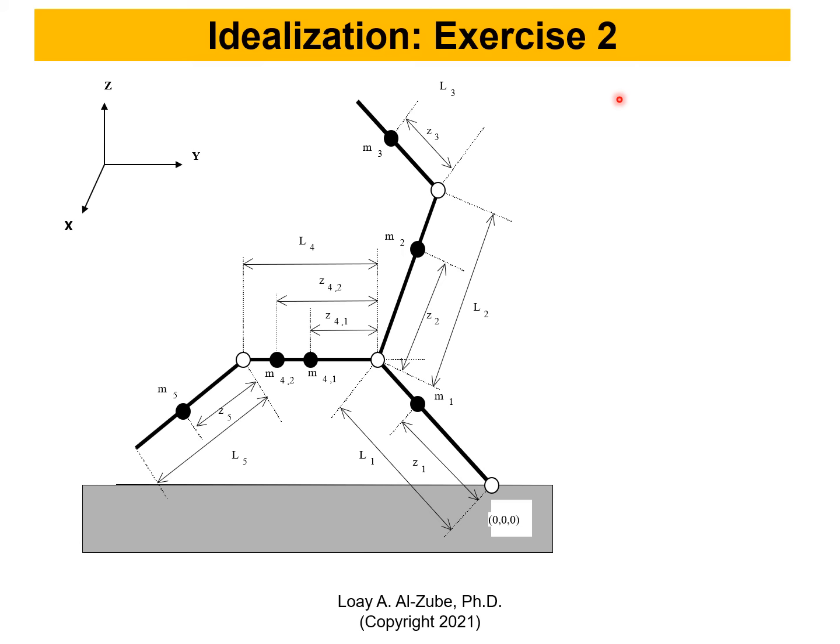Now, step 2 is formulating the equations of motion that will describe the movement of this structure. Then we will solve the equations of motion to find the trajectories, the position and velocities and the accelerations.